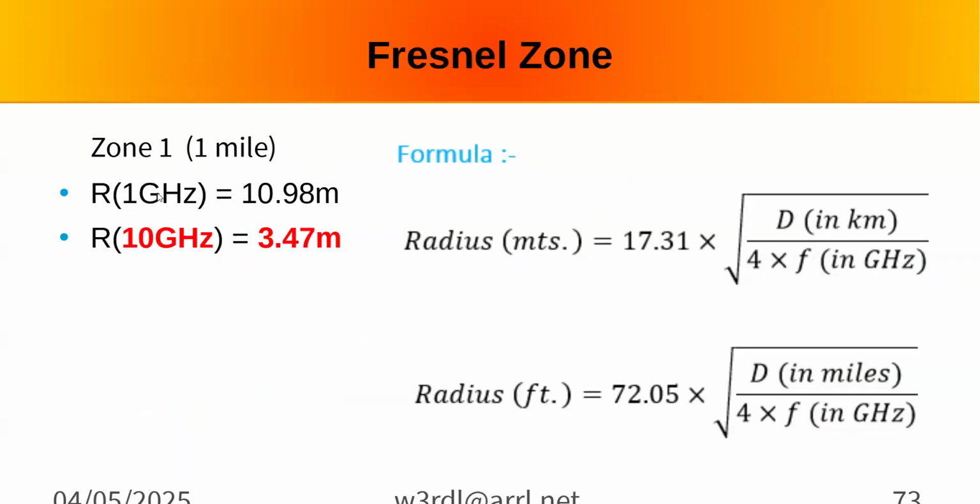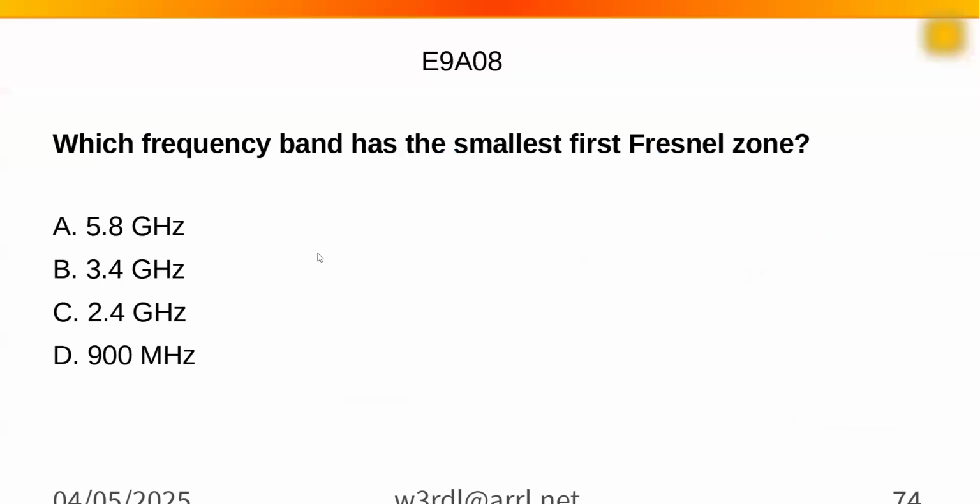If you're doing 1 gigahertz, zone 1, which is the smallest zone in the center, is going to be 11 meters in diameter. If you're at 10 gigahertz, it's down to 3.5 meters. So you see it shrinks considerably depending on the frequency. So what frequency band has the smallest Fresnel zone?